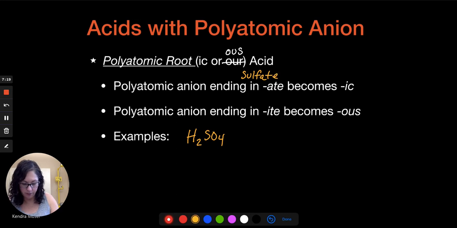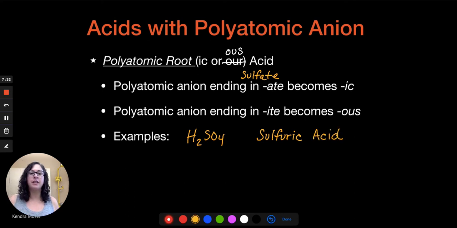So it becomes sulfuric acid. Now please notice that that's different from the H2S that we saw that was hydrosulfuric acid. That only had the sulfide, the individual S, as an anion, and this has the polyatomic ion. And that's usually where people get the most confused.